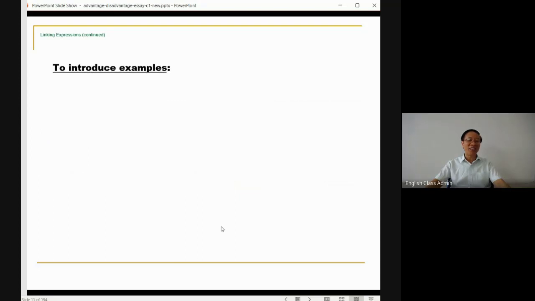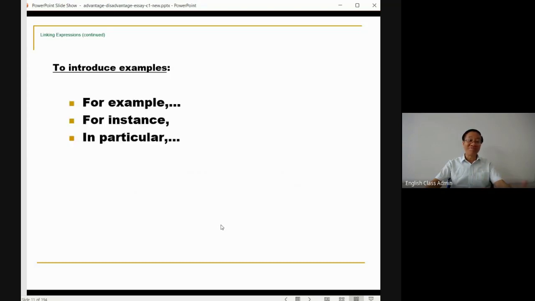And I have told you, every good writer uses illustration or supporting detail, and a very common technique to support your main idea is to use examples.